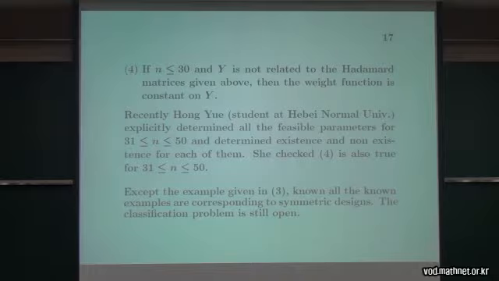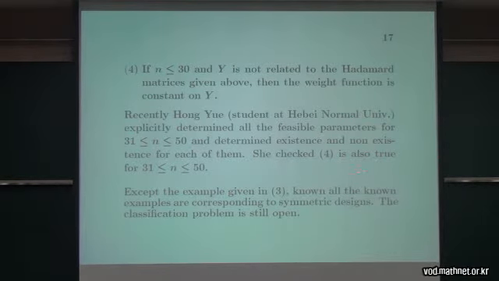This bound of 30 was improved to 50 by Hong Yue, a student at Hebei Normal University, and there is also no non-constant weight tight relative 2-design.